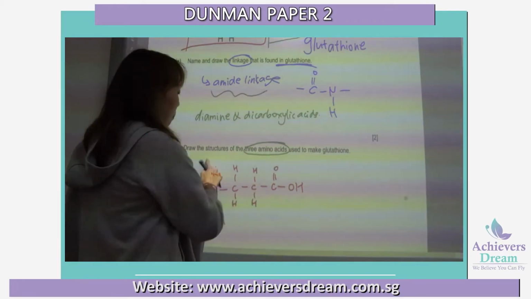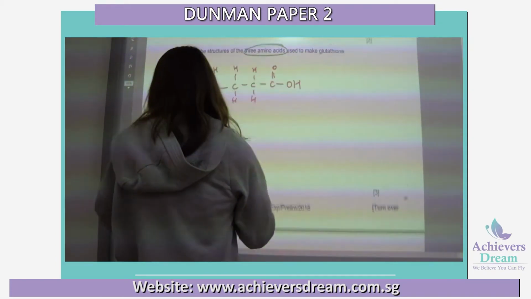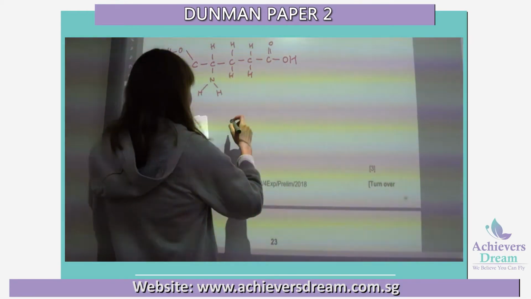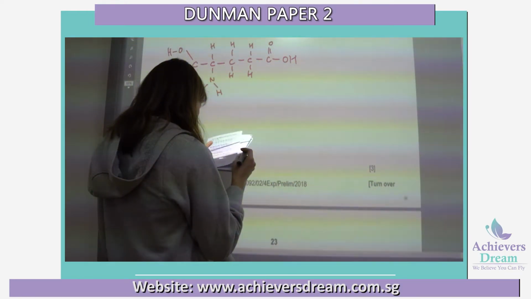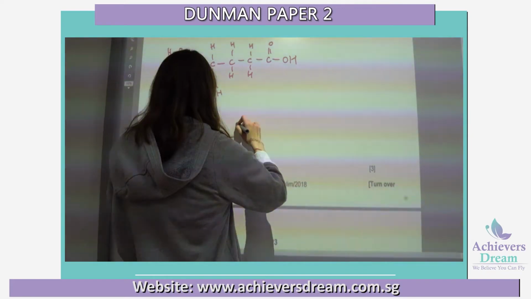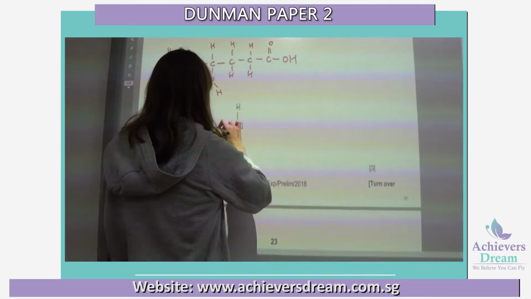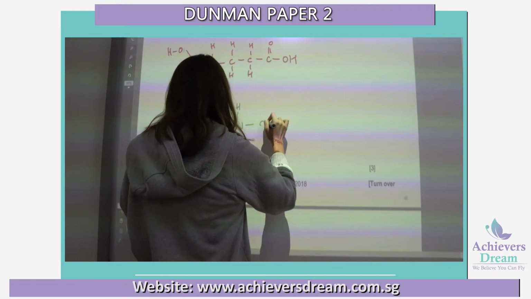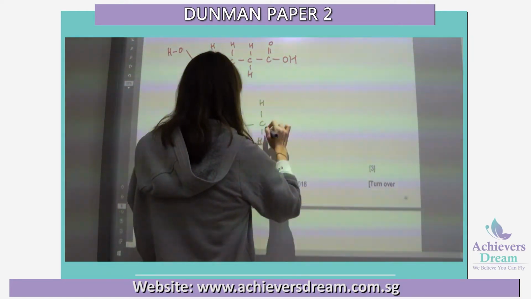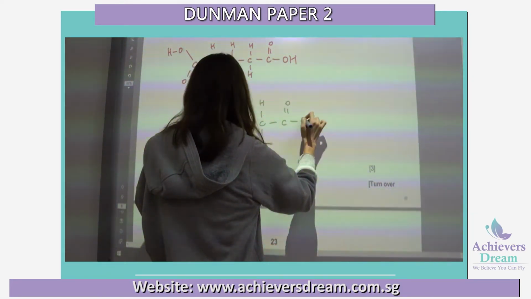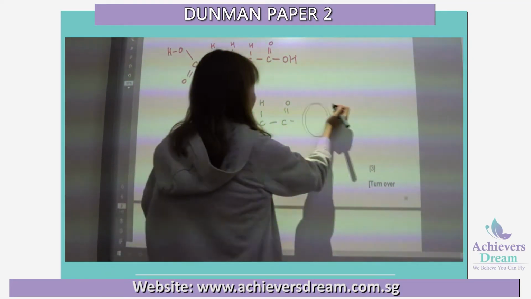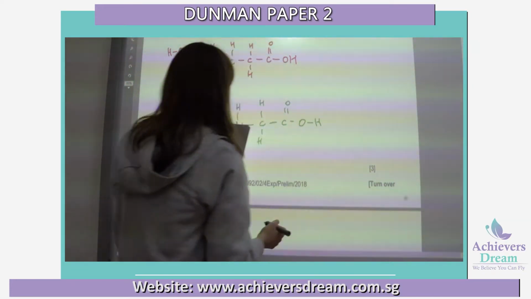Then my second monomer, my second amino acid, would be N, this is my amine, CH, then carboxylic acid group. So this is my second amino acid.